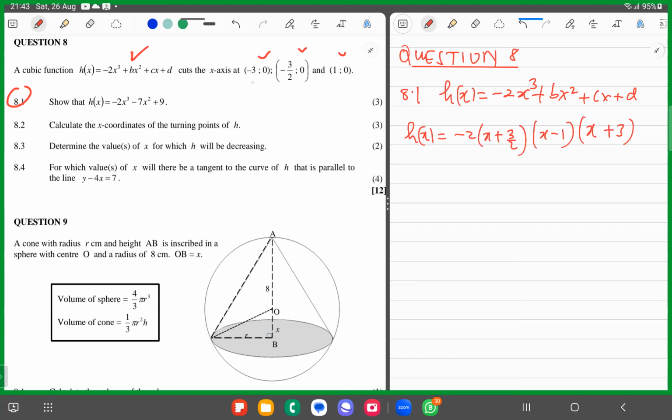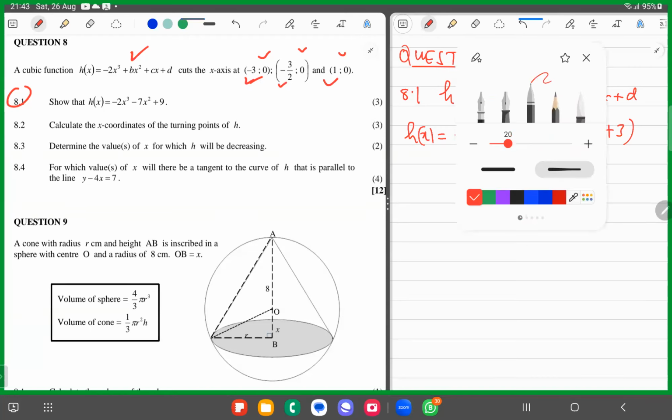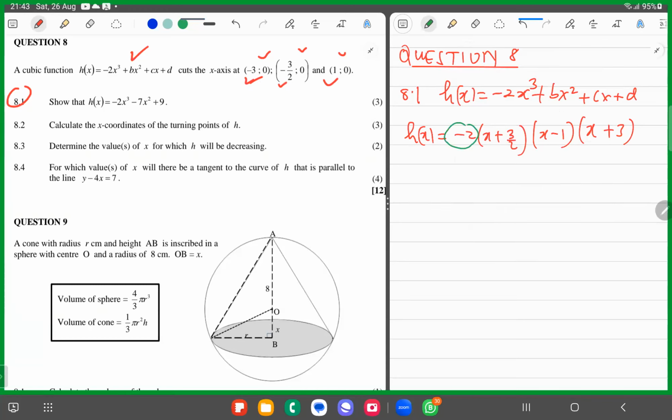Okay, so we're using x plus 3, so you take the opposite of this with x. Right, so you have this. The minus 2 here is exactly this here.